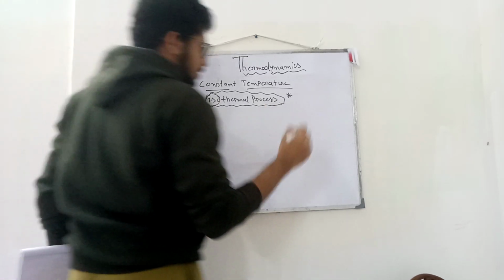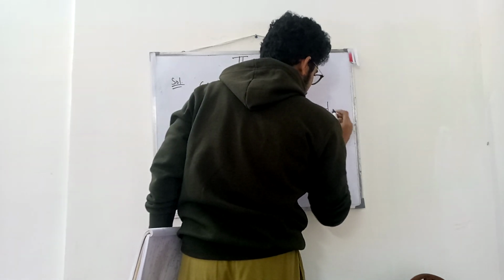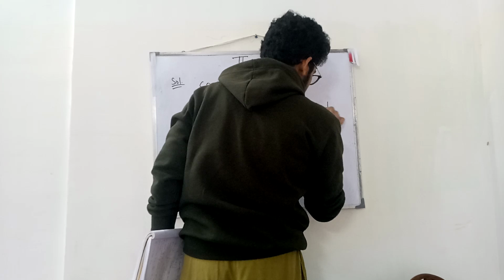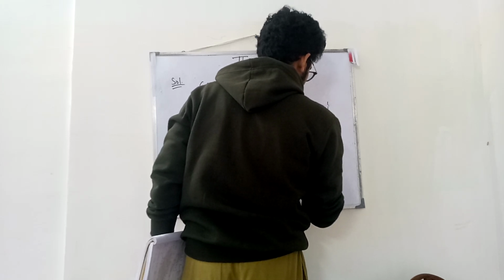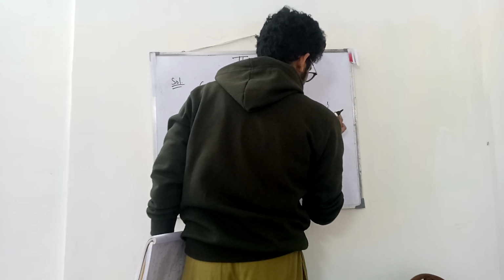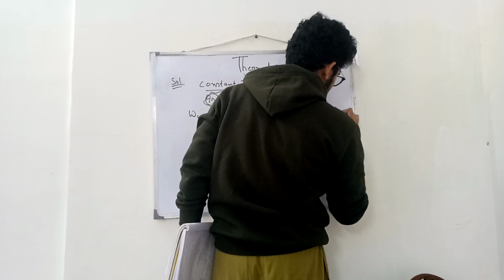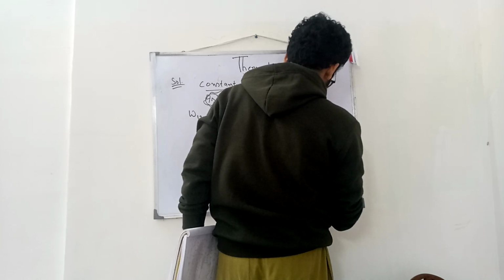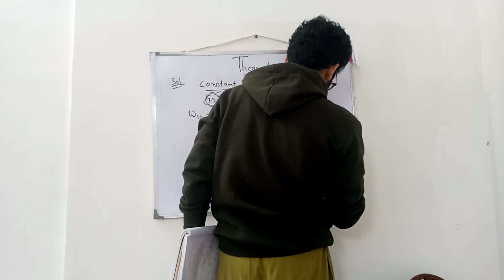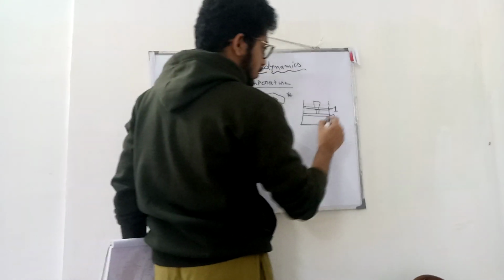1 to 2 means what? Here, this is a piston. This is the initial state, and this is the final state.